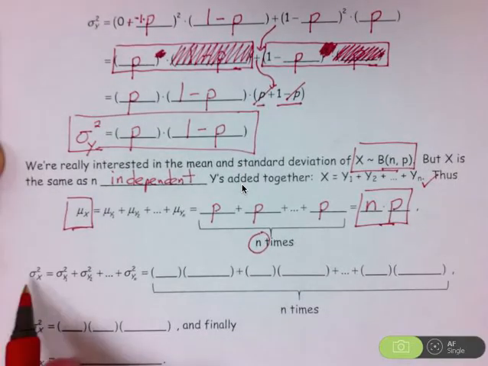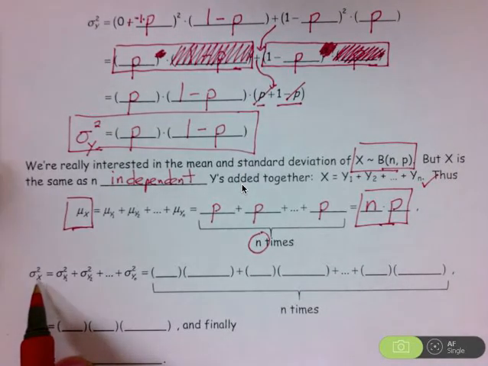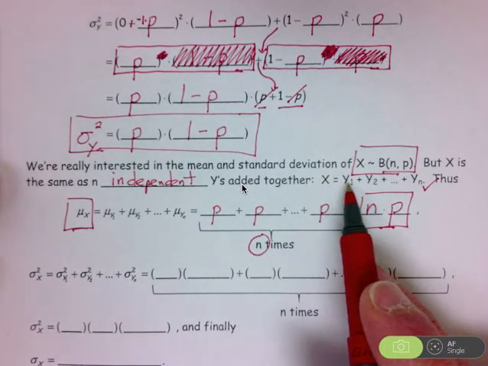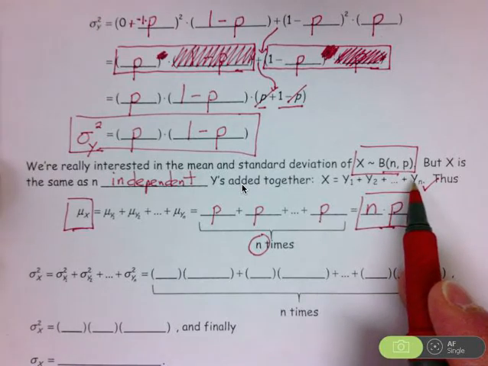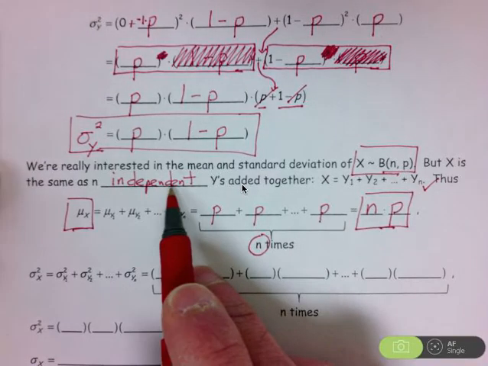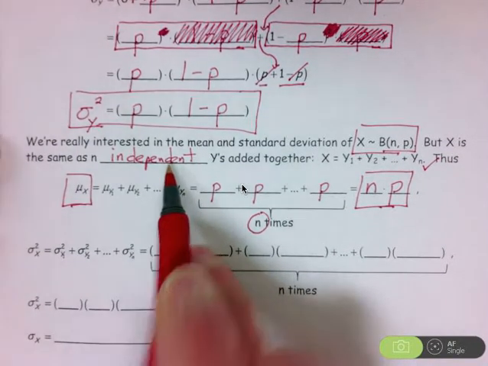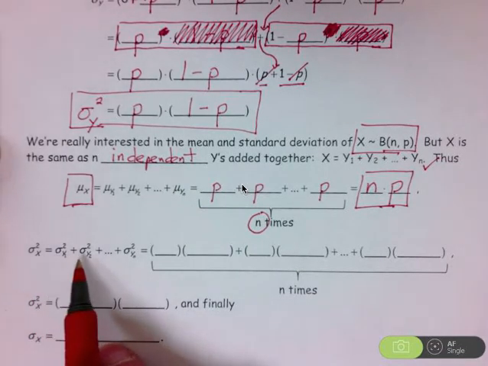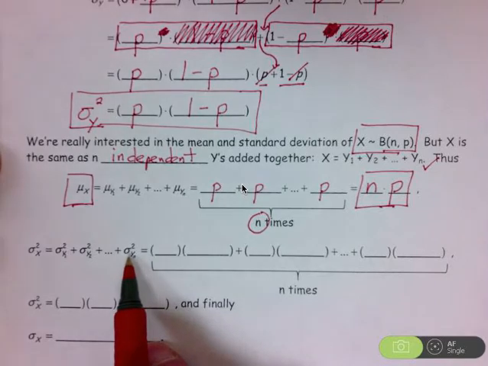So to find the variance for my binomial random variable x, notice I'm thinking about x as a combination of n of these simpler random variables y all added together. But if they're all independent, I can add their variances. So the variance for the first y, the variance for the second y, all the way to the variance of the nth y, but I know what all of those variances are.